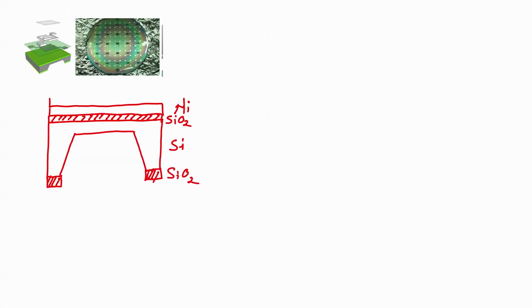On nickel, I will spin coat my photoresist. How am I going to deposit nickel? By using E-beam evaporation, right. By using E-beam evaporation, we can deposit nickel, and this is my positive photoresist.